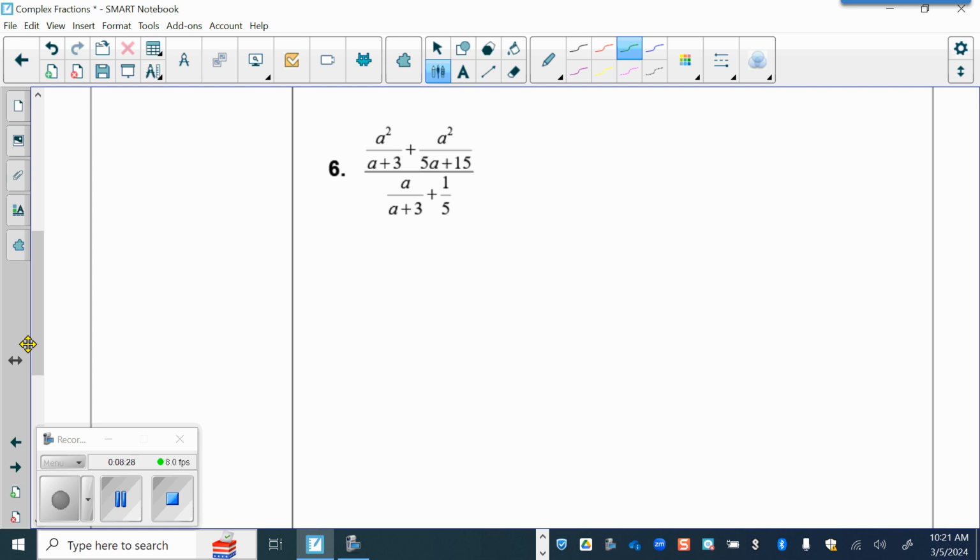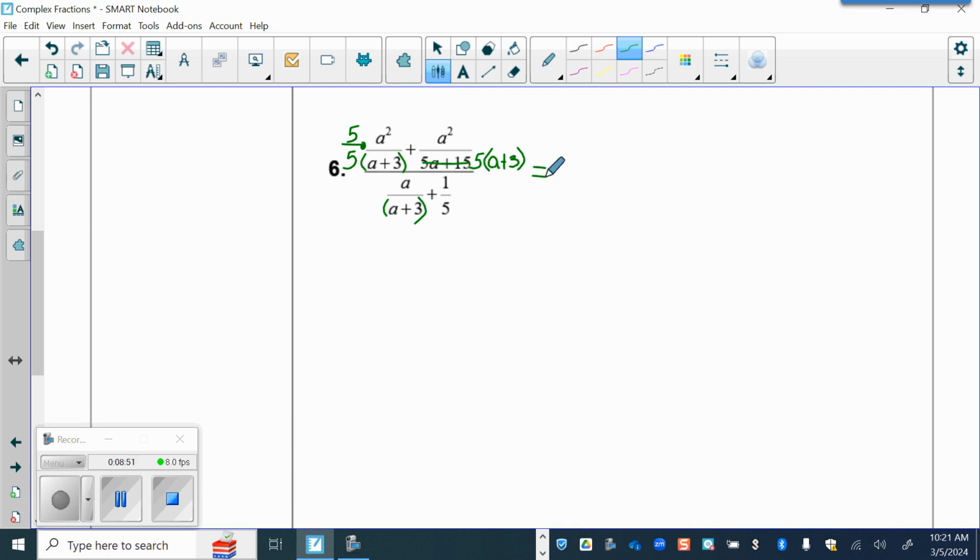All right, a plus 3, I like that. Okay, this factors to 5 times a plus 3. So for my numerator, this first fraction needs a 5 over 5.